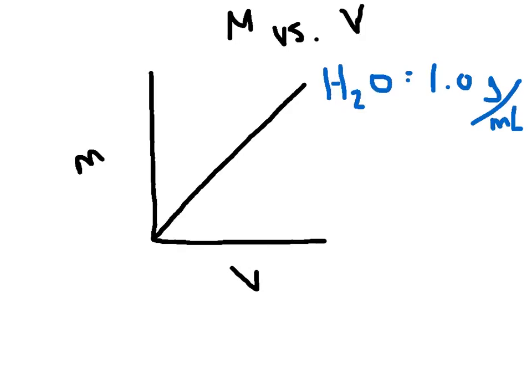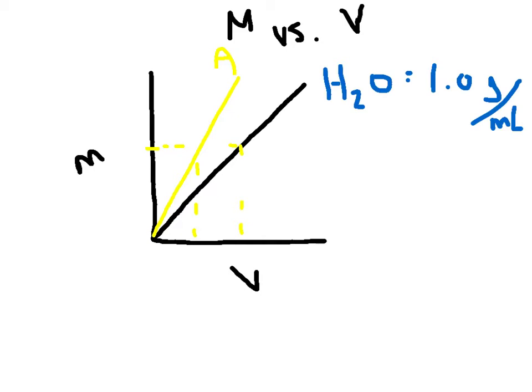If a substance were more dense than water, the slope of the line would look something like this. And what we can do here to determine the approximate density is we can choose a mass and trace this line over to both that substance A and water, and we can bring it down to the volume axis.